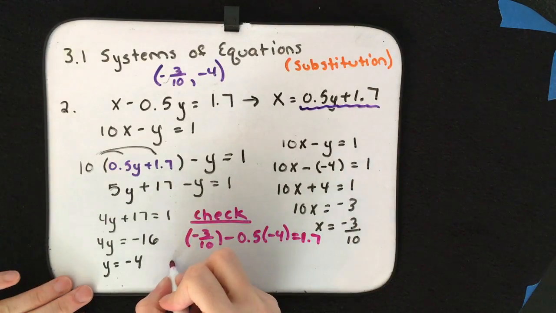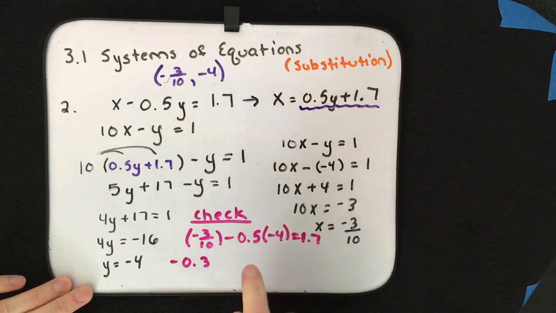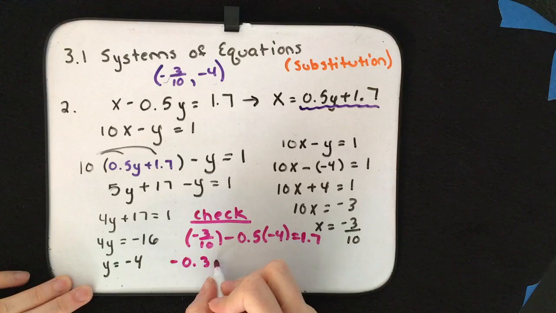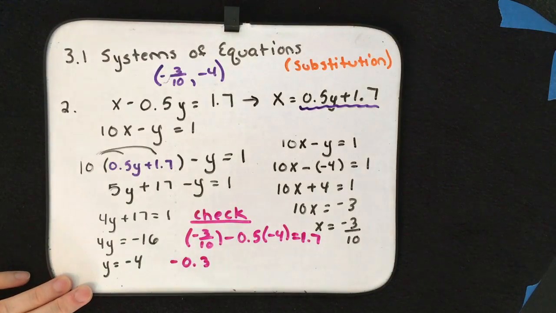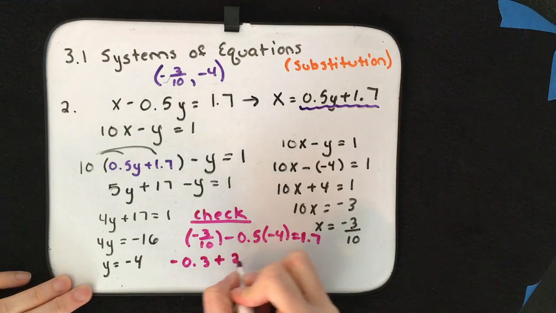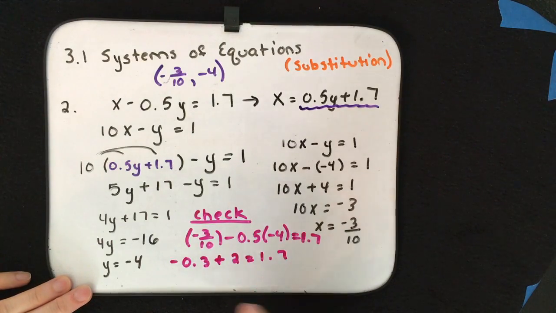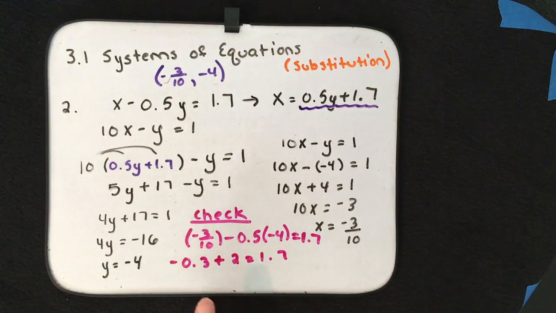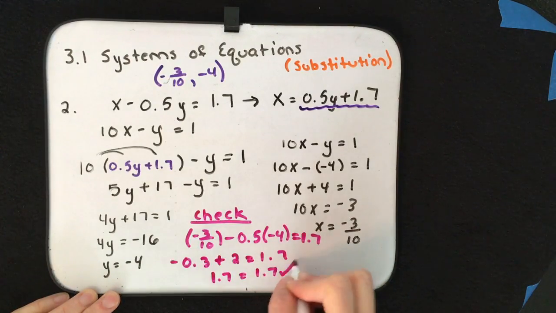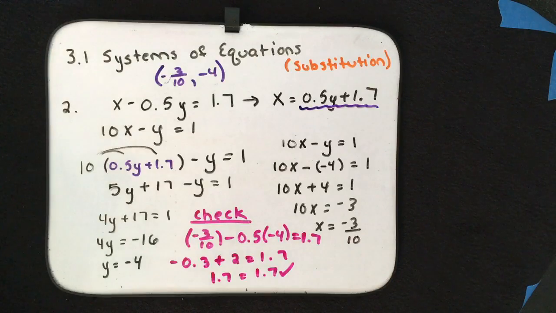That's going to be negative 0.3. If I distribute right here, a negative times a negative is a positive, and 0.5 times 4 is 2. Negative 0.3 plus 2 is 1.7. That works. So that means our solution of negative 3/10, negative 4 is good.